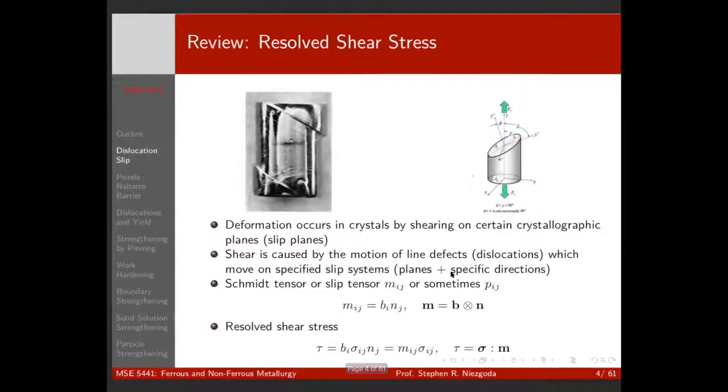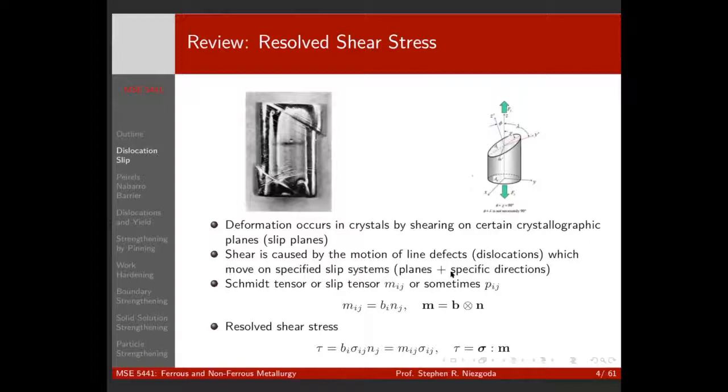Now we got to get into some of the details of it. Just as a review, remember deformation occurs on slip planes along slip directions. We don't deform across arbitrary planes, and everyone remembers the Schmid law.